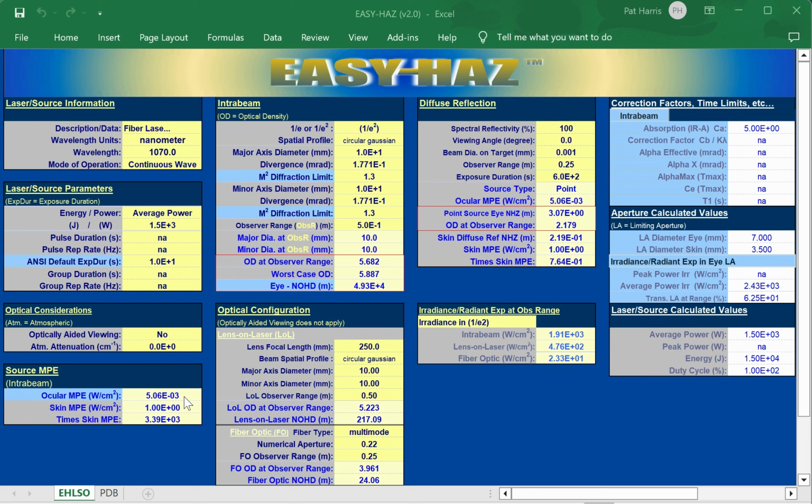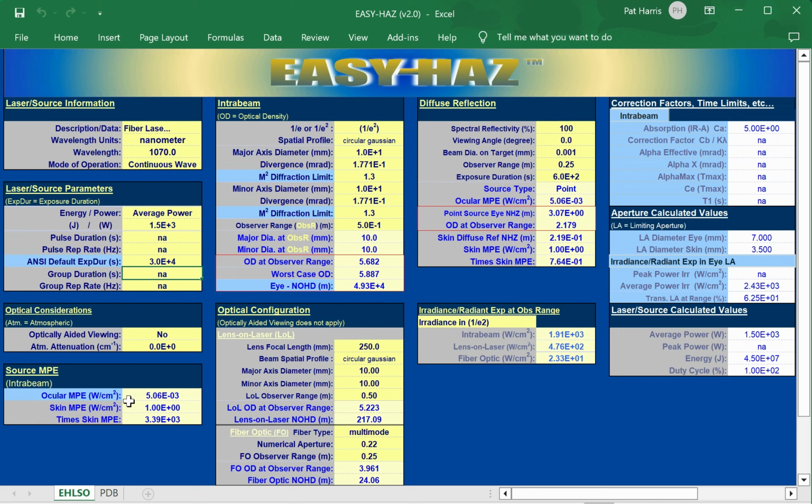Now, if we go down and take a look, we can see for a 1070 wavelength that the MPE for continuous wave for 10-second exposure duration is about 5 milliwatts per square centimeter. And I'll go ahead and point out here that even though we're using 10 seconds, you could put 30,000 seconds in here, an all-day exposure, if you wanted to. And you'll notice that the MPE doesn't change.